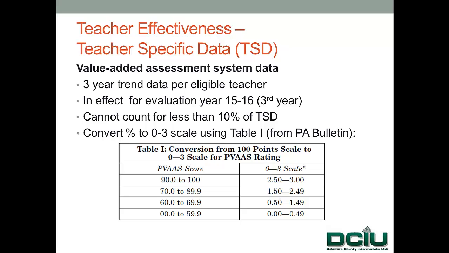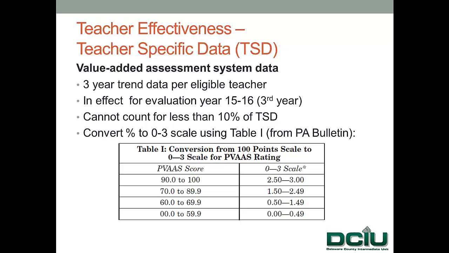Once again, this portion of teacher-specific data will not be available until the 3rd year of that trend data collection, which won't happen until evaluation year 2015-16. Year 1 of data collection was 13-14, Year 2, 14-15, Year 3, 15-16. So that data will not be available until 2015-16, the evaluation for that year.